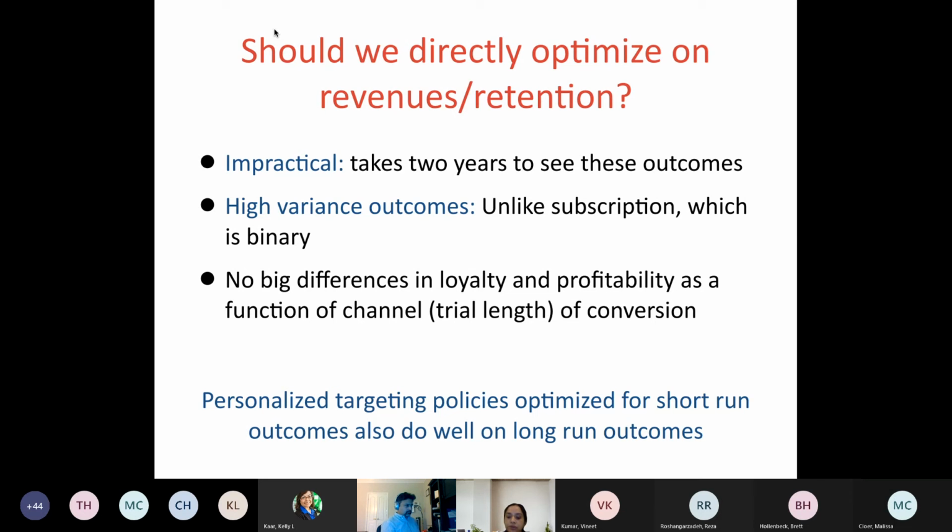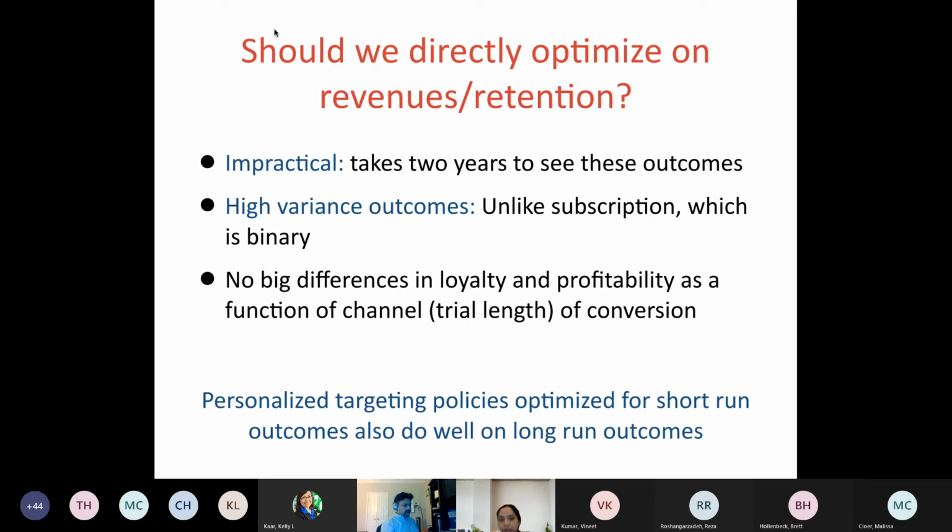The second thing which I noticed in the data is that these other outcomes like revenues or retention are pretty high variance outcomes, unlike subscription, which is binary. So anytime you design a policy on that, there's going to be more noise, so the policy's performance is going to suffer more.